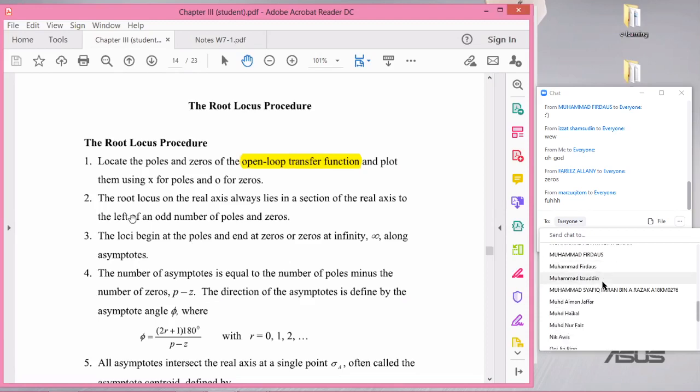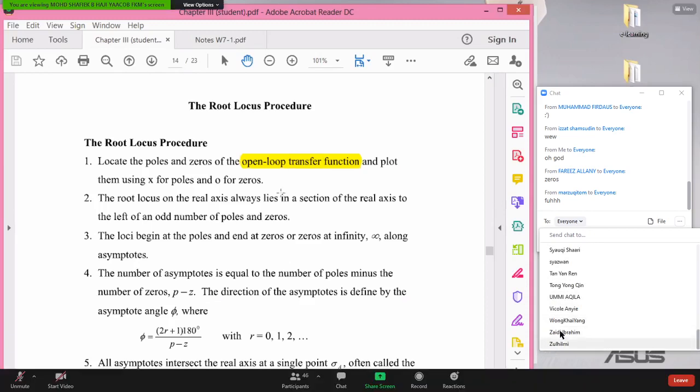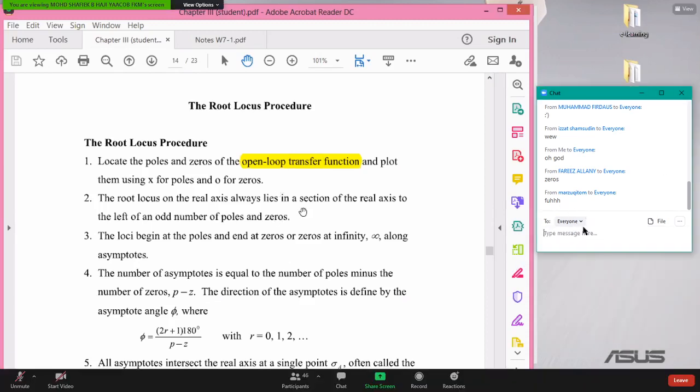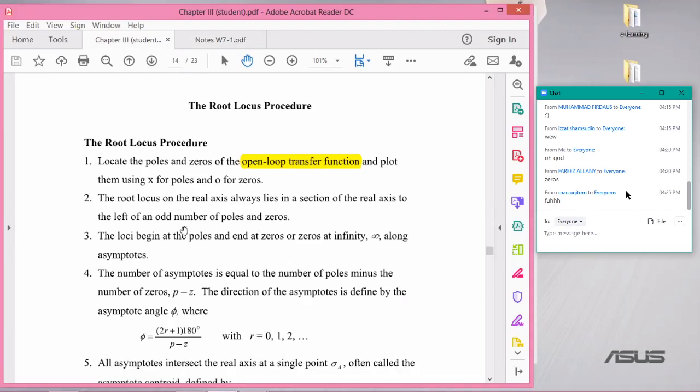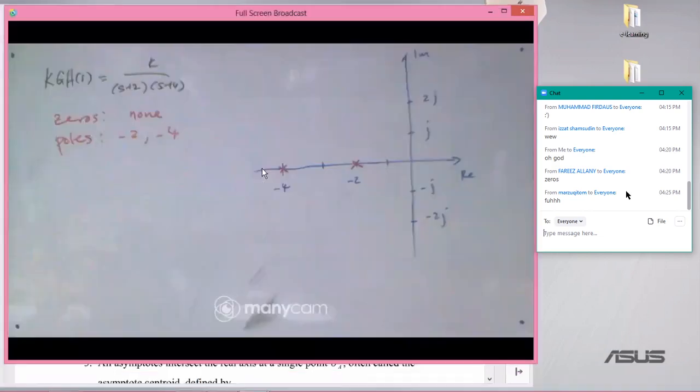The second step is the root locus on the real axis. On the real axis, the locus lies in the section of the real axis to the left of an odd number of poles and zeros.